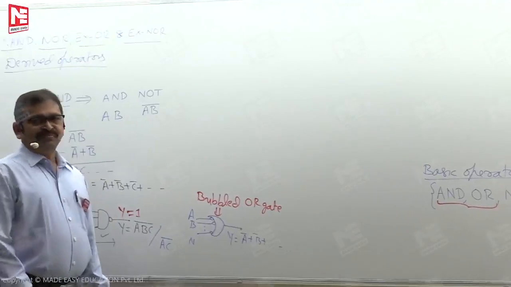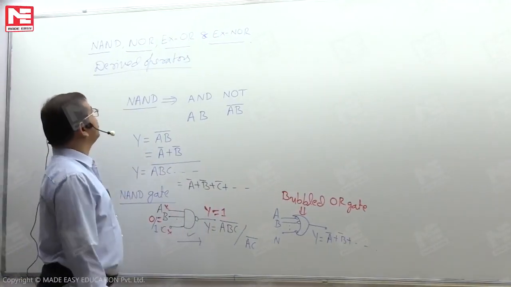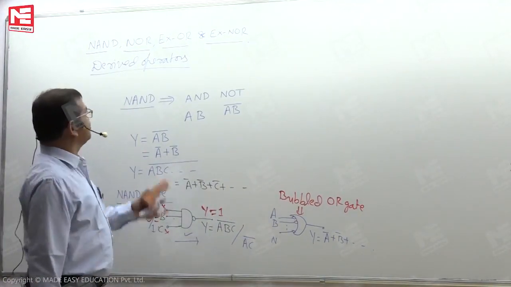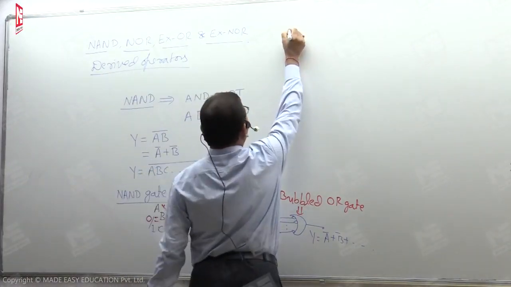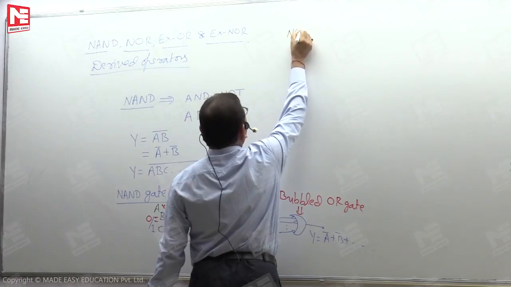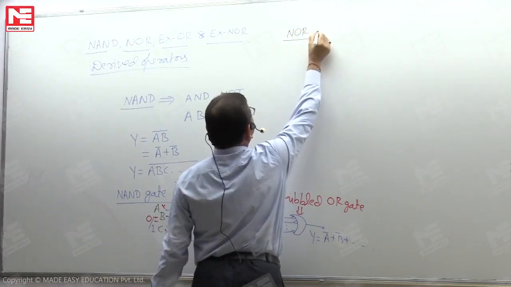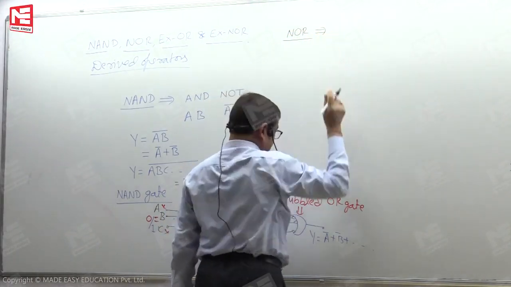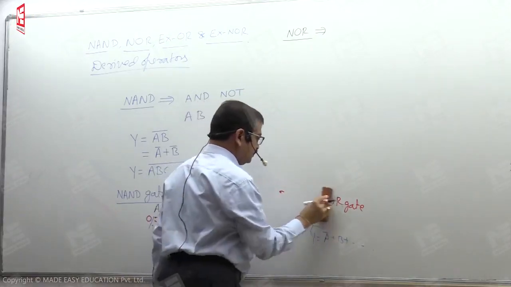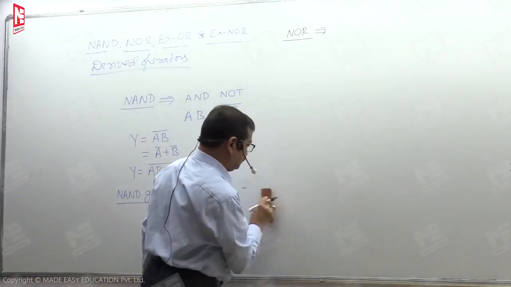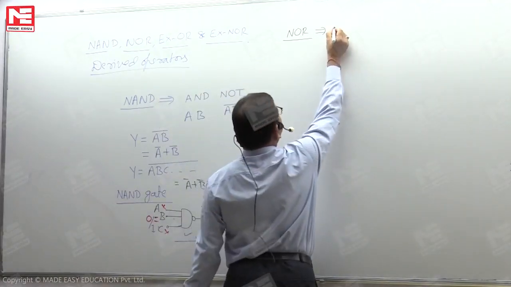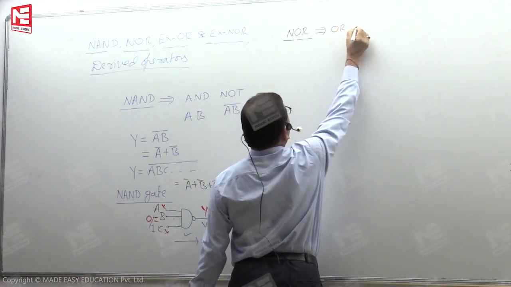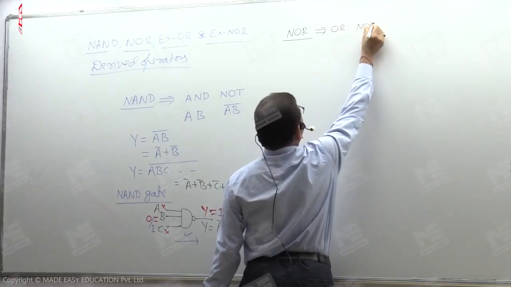Let us come to the next operator. The next operator we mentioned in our list, that is a NOR operation. So NOR is nothing but OR followed by NOT.